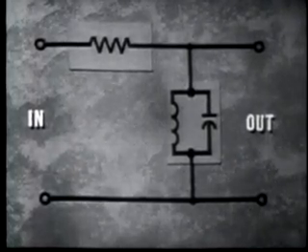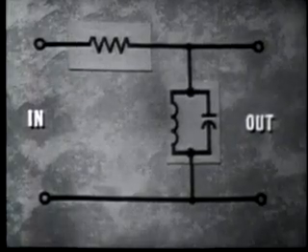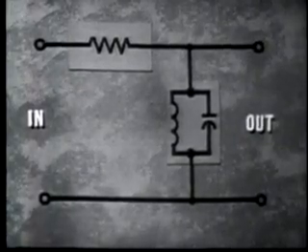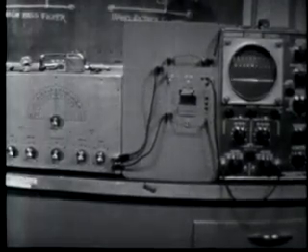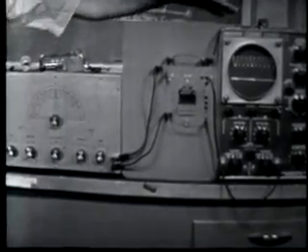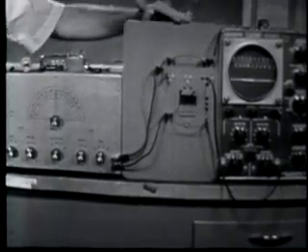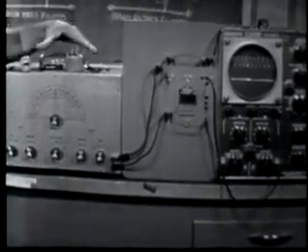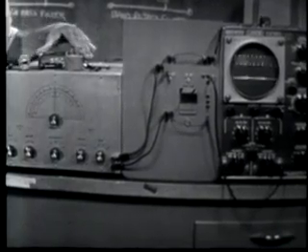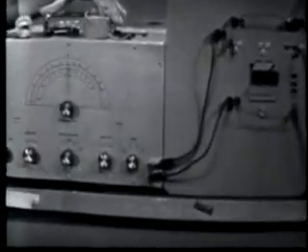Now, let's hook this up on our trainer and see what occurs. Remember, we'll be using an oscilloscope, a little breadboard trainer, and a signal generator for our demonstrations, as we did in the earlier lesson.